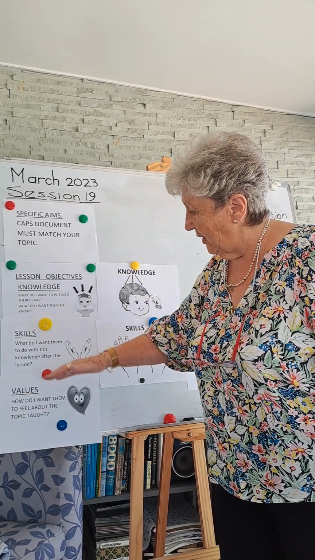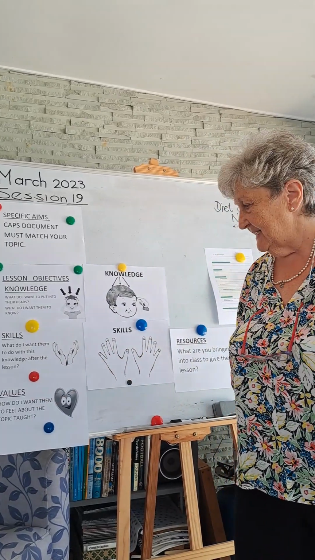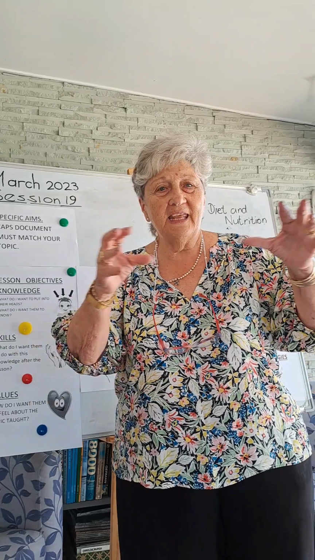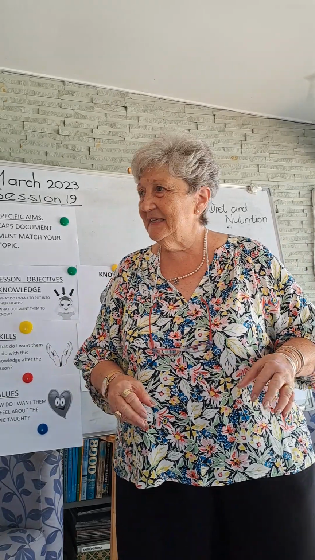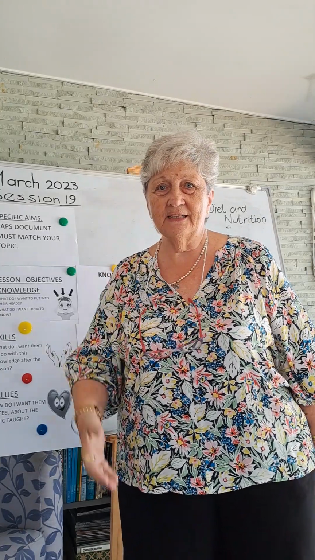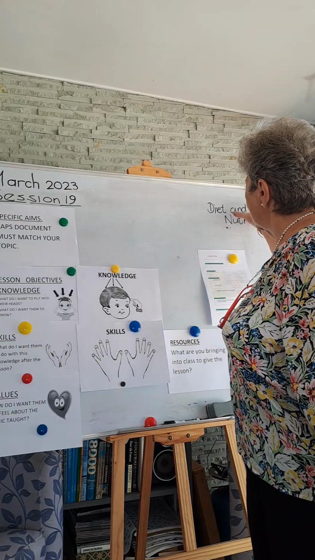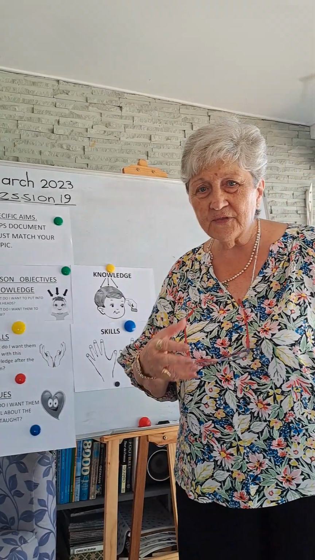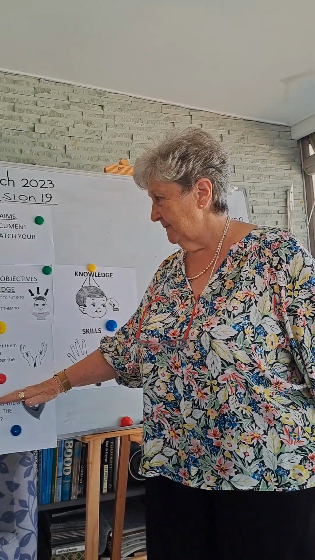These are the 3 parts. Values means how do I want them to feel at the end of the lesson? And please don't say satisfied. I'm talking about values here inside. What have they realized about diet and nutrition? What do I want them to value about this lesson that I've taught?